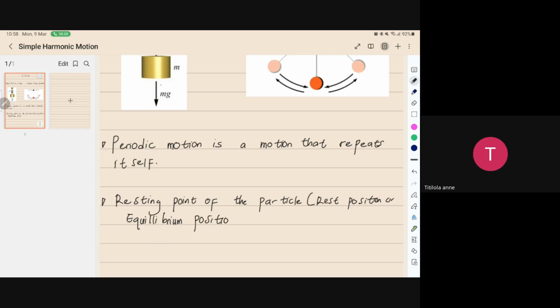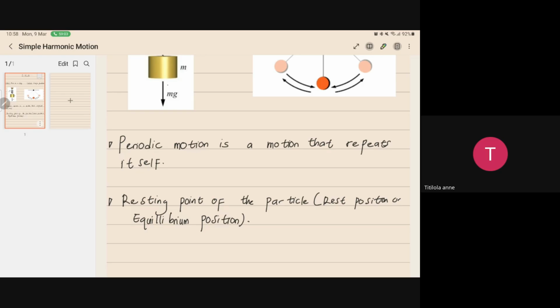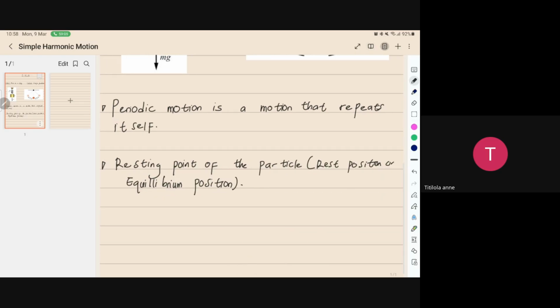All right. So that said, I was making reference to the acceleration, and I want to write a few things about the acceleration as a working document for us all. So I said the acceleration of the object, let me call it object so it will make more sense to us, the acceleration of the object is directed towards the equilibrium position.